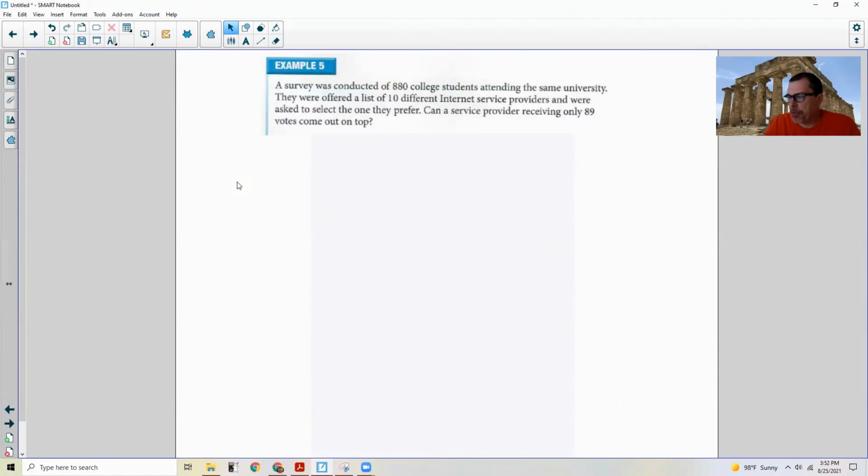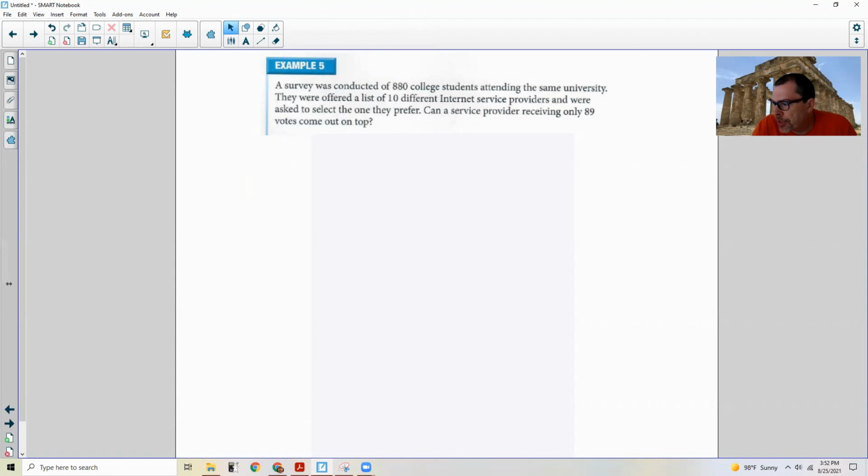Is that possible? In this solution, it can be answered by determining the mode. In other words, which internet service provider got the most number of votes. That's the mode, okay? M-O-D-E, mode is most frequent.